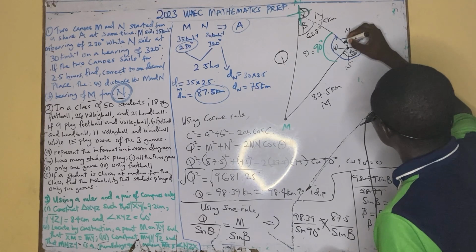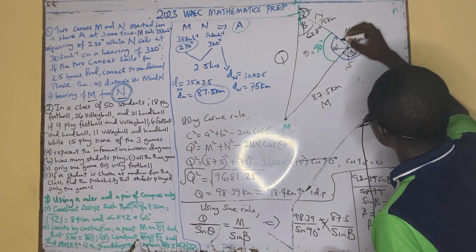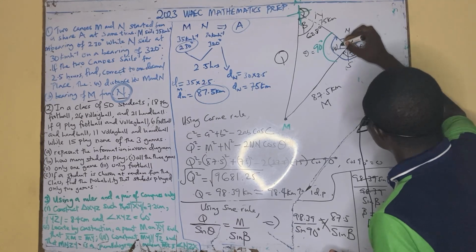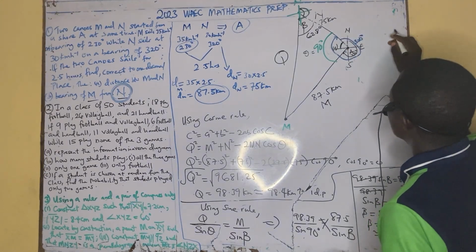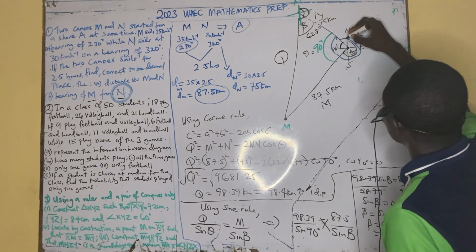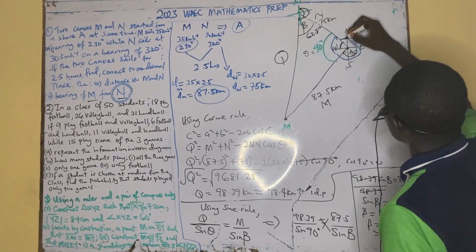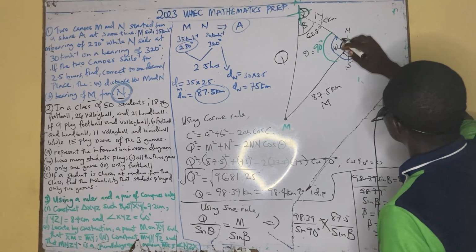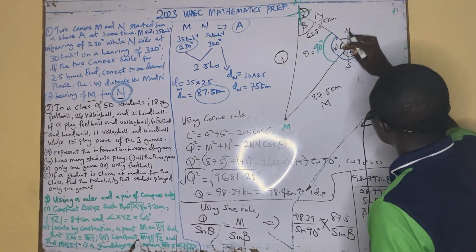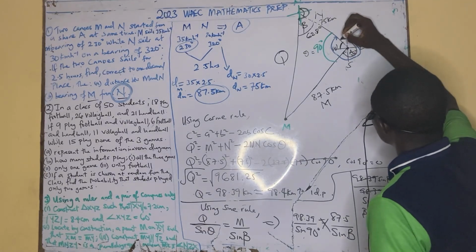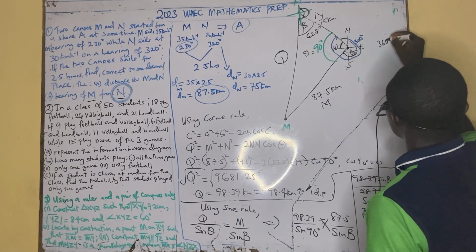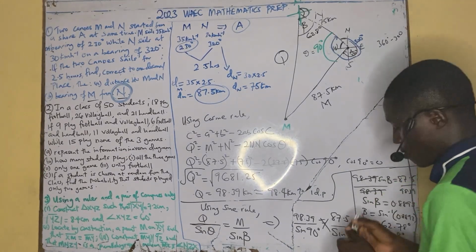So from this point now, you need to get this angle here. The angle here is not as important as the angle here. They are both important. Now how do you get this angle here? The angle here is just 360 minus 320. Please follow.